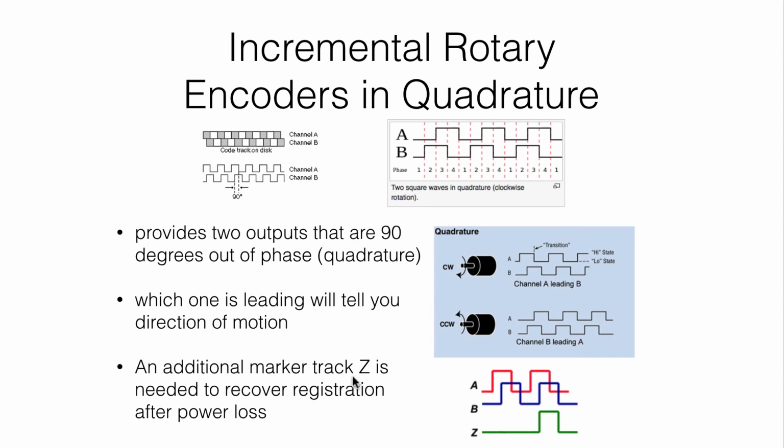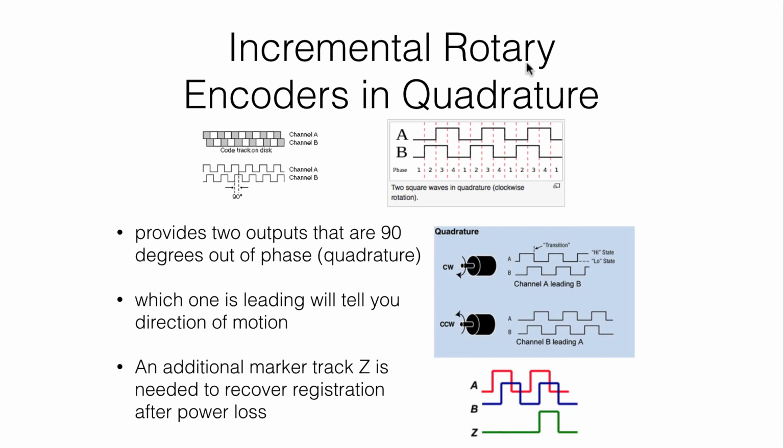And if we wanted to actually get some absolute information, it's quite common to also have a third track on there that just has one blip on it so that we can detect our registration after power loss. After we've gone through one full rotation, we can figure out where we are in the rotational scale and follow along from there.